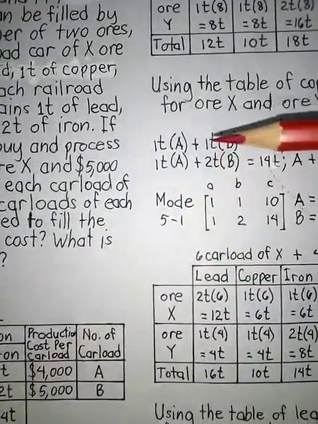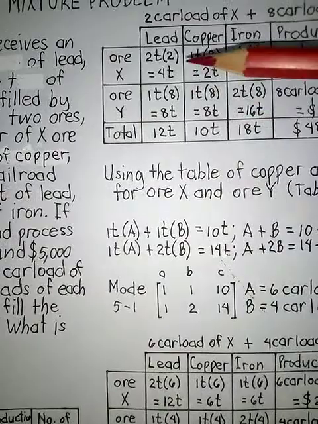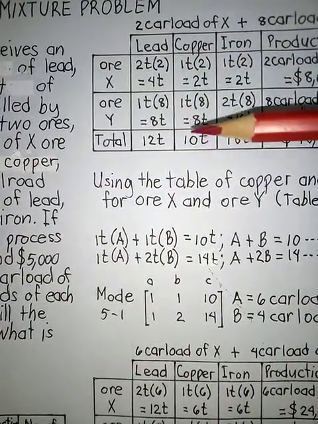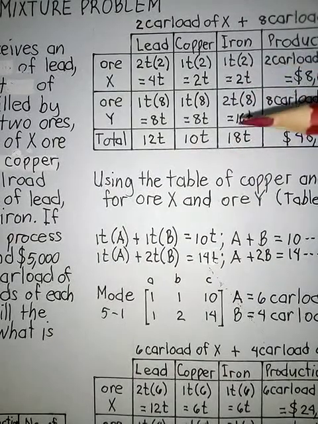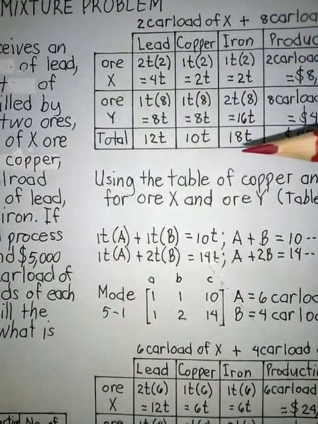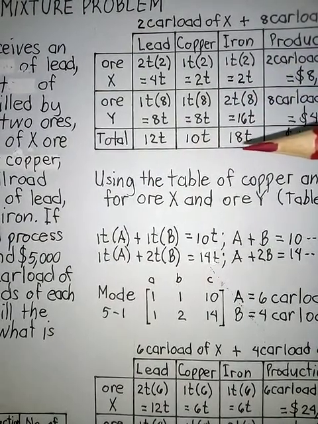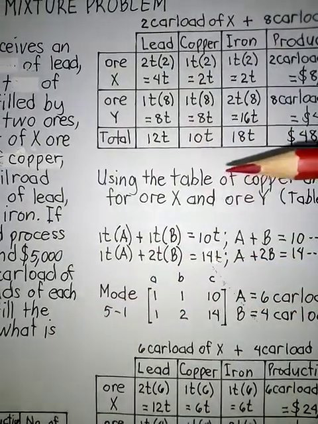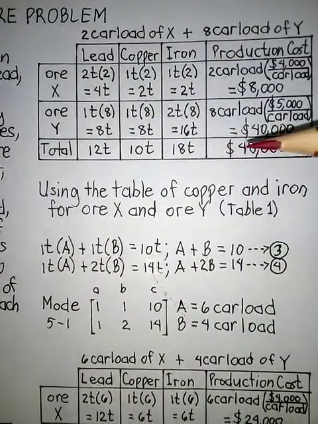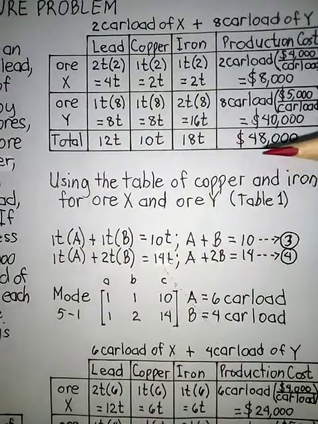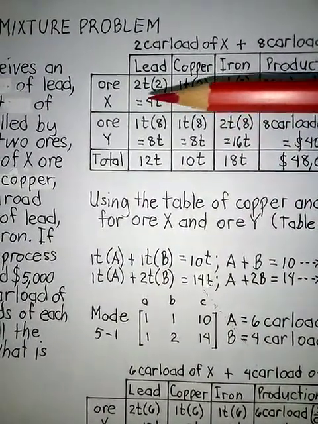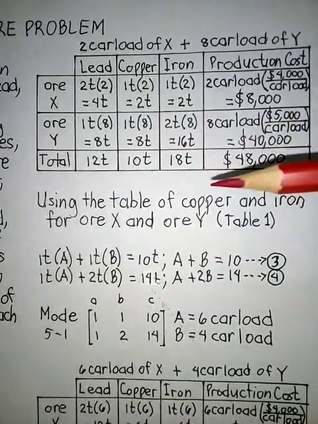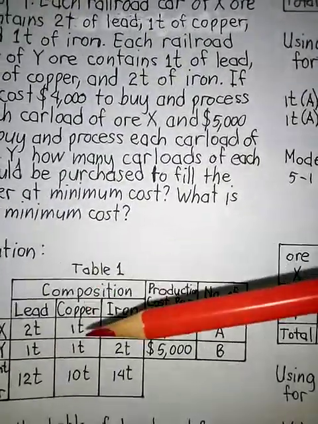And we can get from the combination of 2 and 8 carloads 12T of lead, 10T of copper, and 18 tons of iron. 18 tons is greater than the 14 tons required, so this is acceptable. Now, before we used the table for lead and copper. Now we will use the table for copper and iron here.